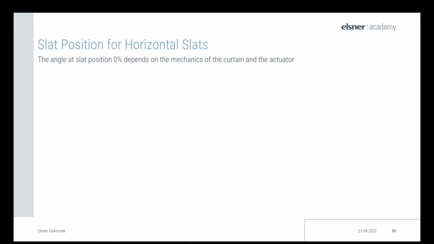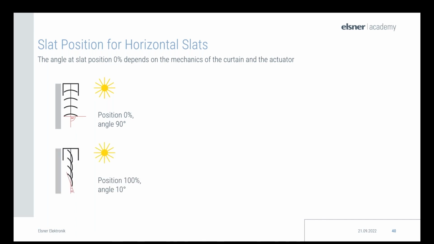The possible angle at slat position 0 depends on the mechanics of the shutter and the actuator. Shades that do not fold inward are shown in the two pictures on the left. In the first picture, we see an angle of 90% with a slat position of 0. In the second picture, we see an angle of 10% with a slat position of 100.